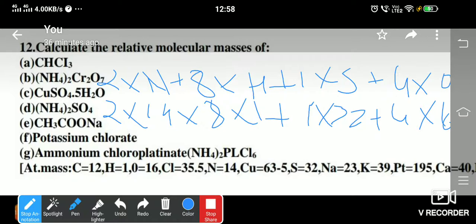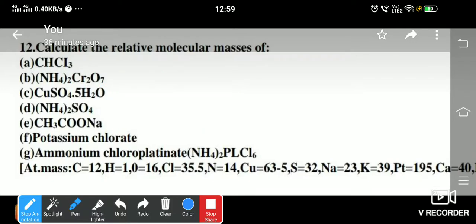Plus 4 into 16 is 64. Solve it now. Add it. The final answer which you will get is 132 atomic mass unit.